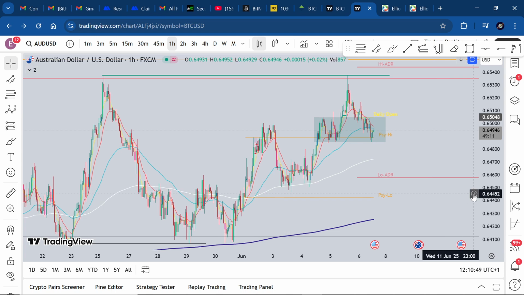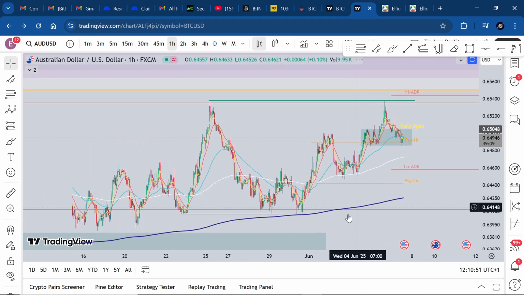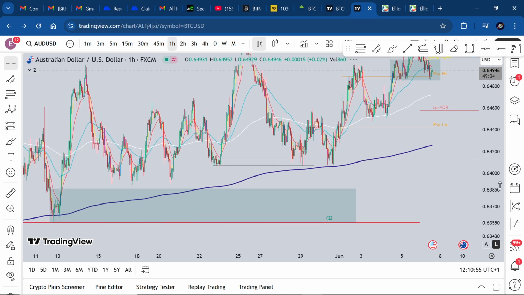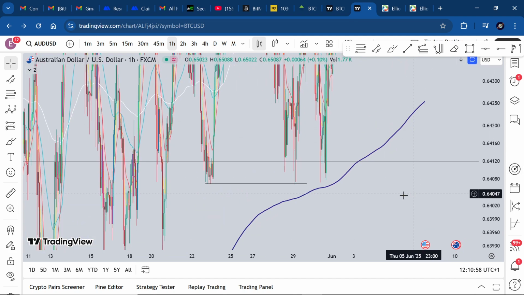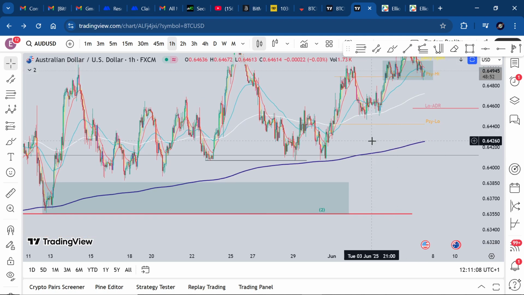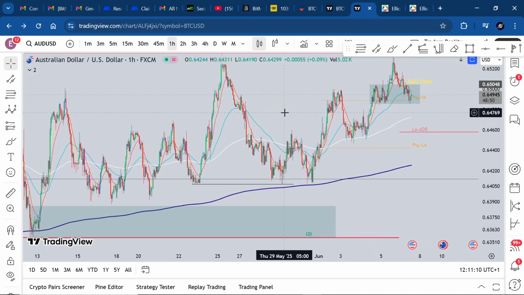We do have some relative equal lows down here, don't we? We did nip it over there. These are still relatively equal lows, but because we nipped it over here, I'm not so worried.